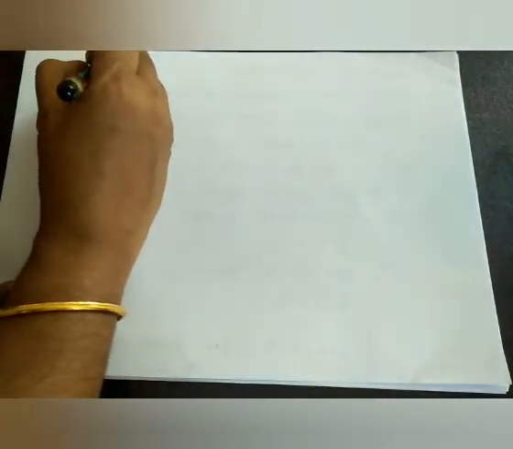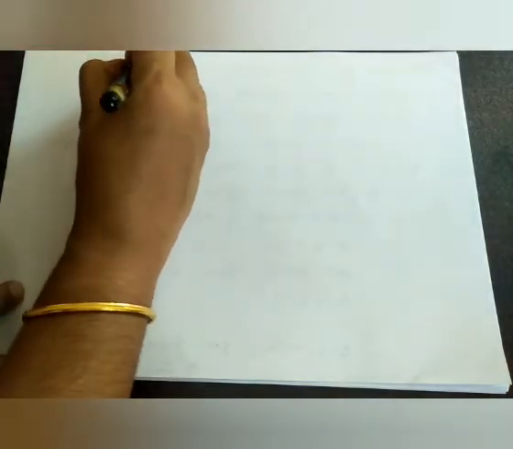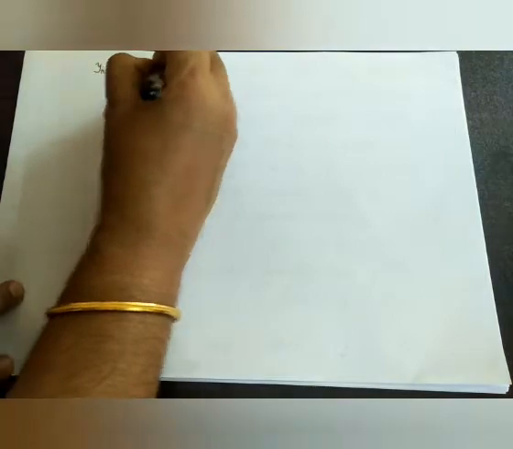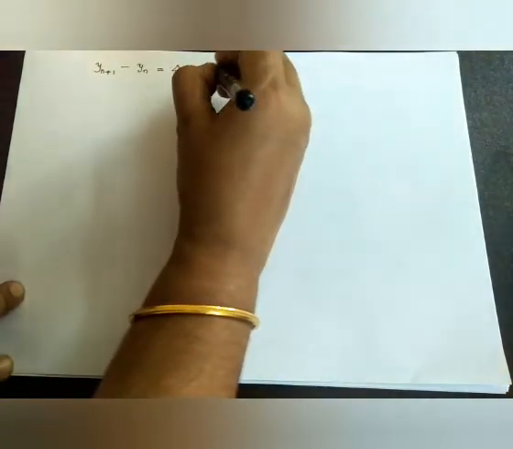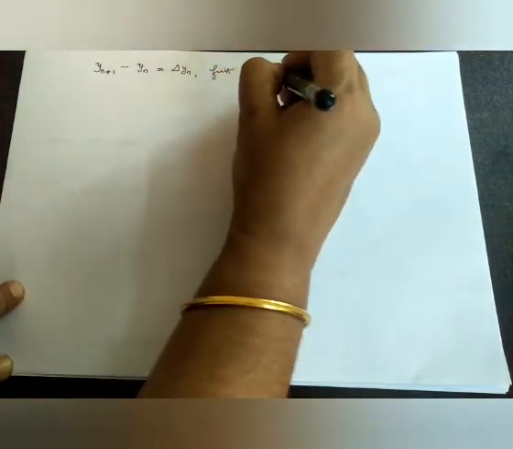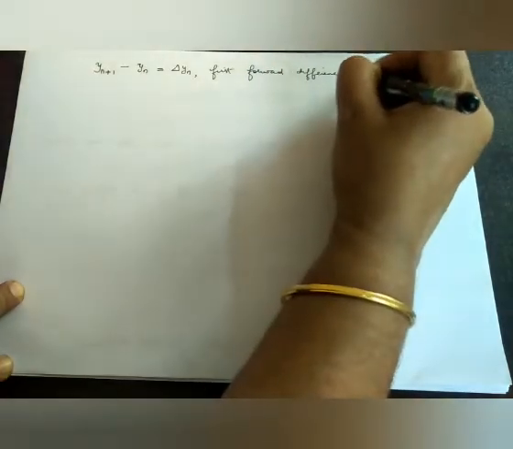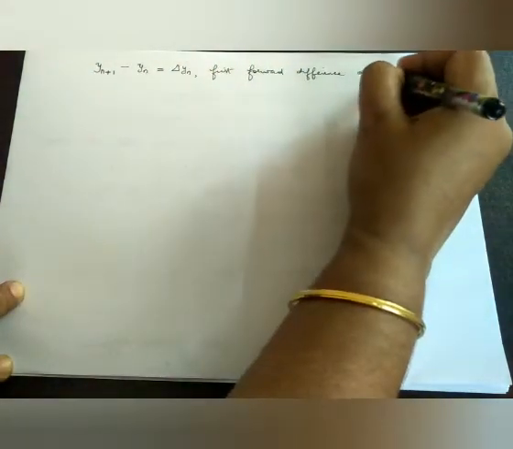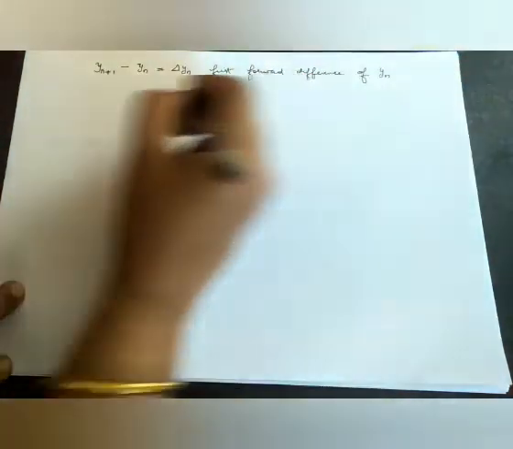Now, if in the place of n I am putting n plus 1, then we have yn plus 1 minus yn is equal to delta yn. It is called the first forward difference of yn. Now these are the cases of first forward differences.